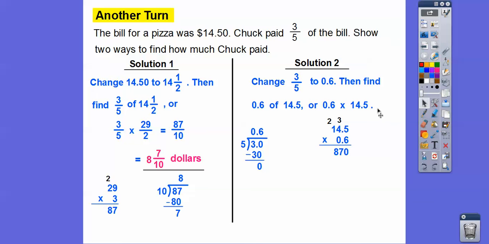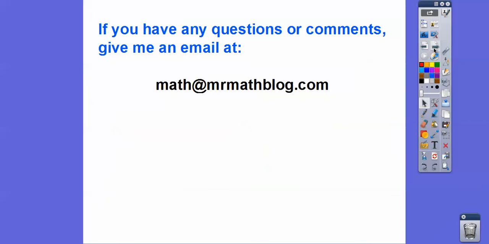Okay, here I haven't moved the decimal over yet, so here I multiplied 14.5 times 0.6. Haven't moved the decimal over, so I'll move it over 2 places, so we get 8.70. So Chuck, I keep saying Jack, but Chuck paid $8.70 on that.